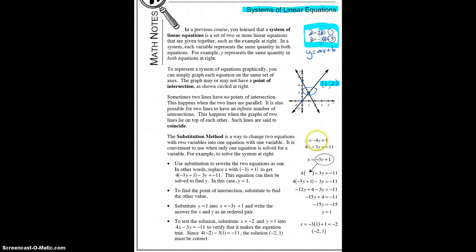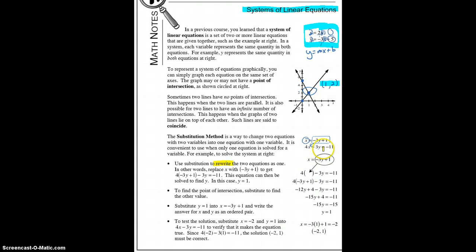So here in our system of equations, we have x equal to an expression in terms of y. Whenever we have our equations as such, we need to take the expression that my single variable is equal to and plug that expression into my second equation, like they're doing in our example below. So they're using substitution to rewrite the two equations as one.